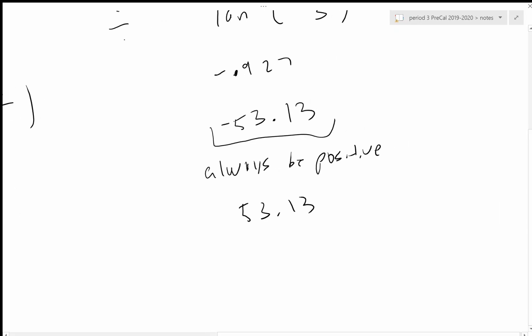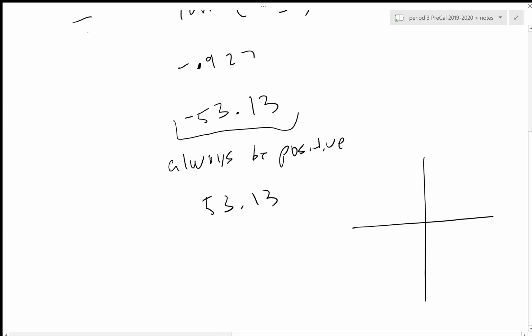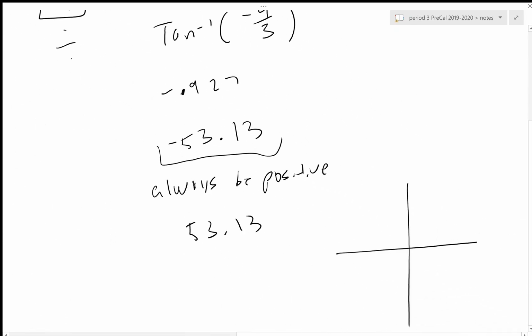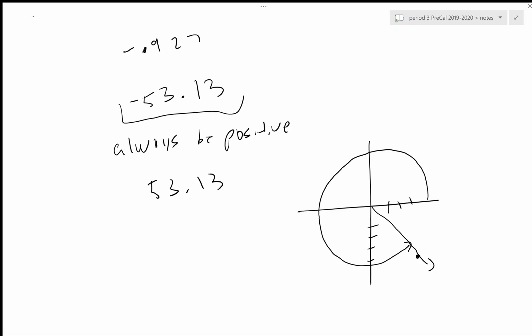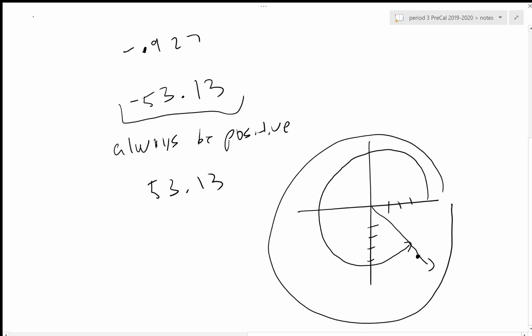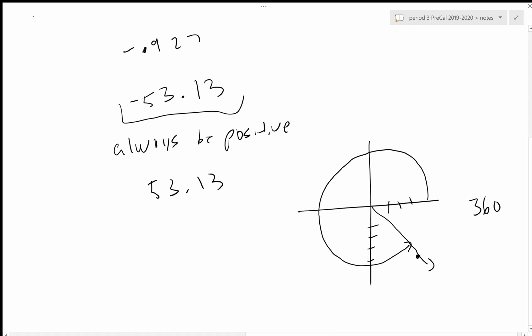Now, again, 3, -4 is down here. So I want to figure out how much this angle is. And it's not 53.13. So this is what you're going to do. If I had gone all the way around, it would have been 360. But I didn't. I stopped here.